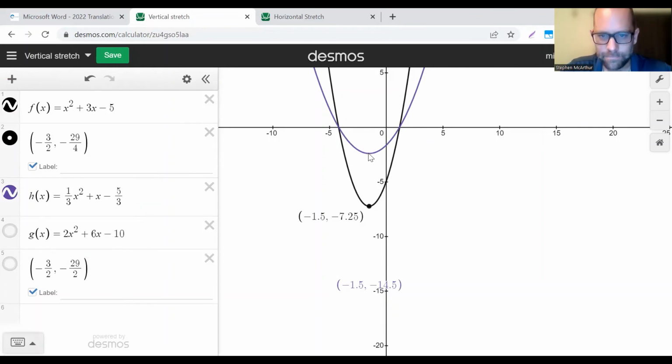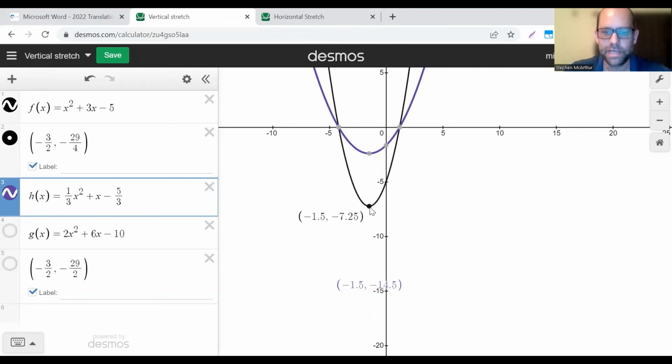All right, so here we go. This should be 1/3 of the distance away. So let's have a look here. Well, I'm not going to bore you with the fractions working out, but if you think about chopping this distance from this black turning point towards the x-axis, at the moment that's 7.25.